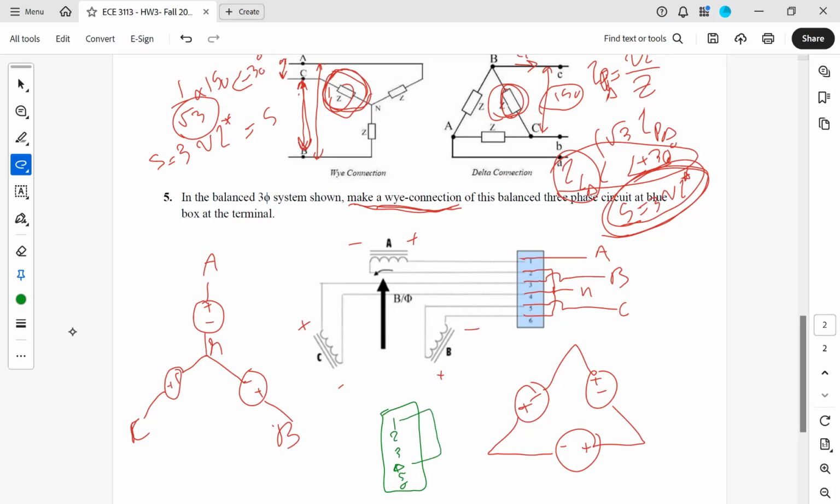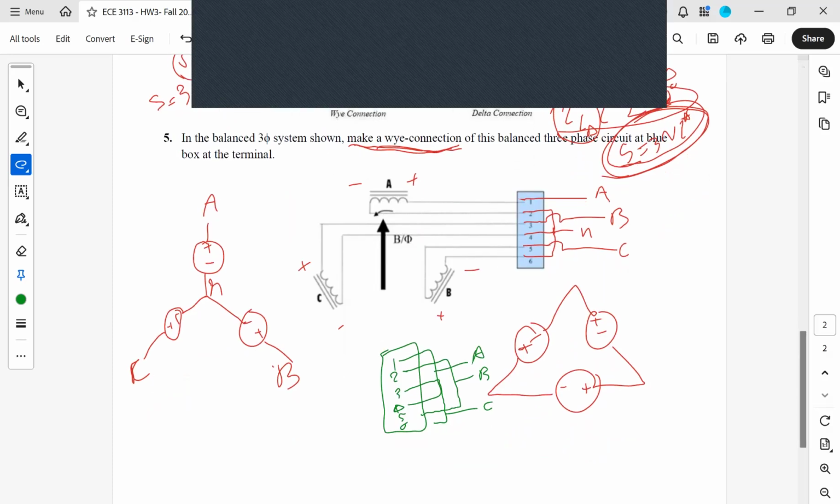So 1 is connected to 4. And then C positive, which is 3, is connected to the B negative, which is 6. And then 2 is connected to 5, the same way. Each of them would represent the phase voltages that we have. And in a delta connection, we don't have a neutral.